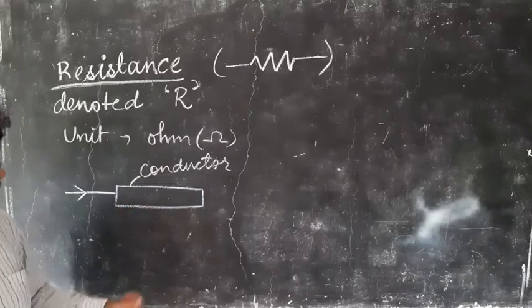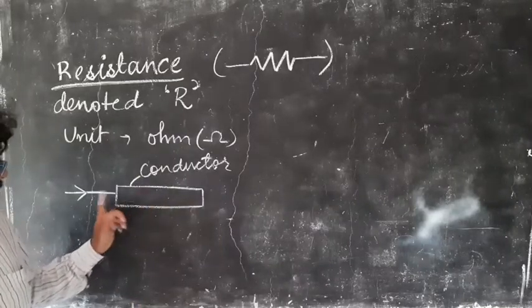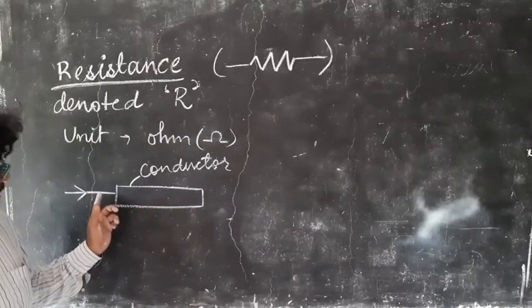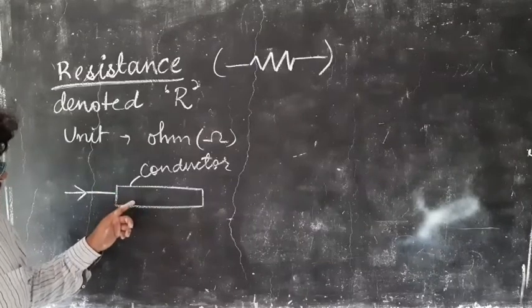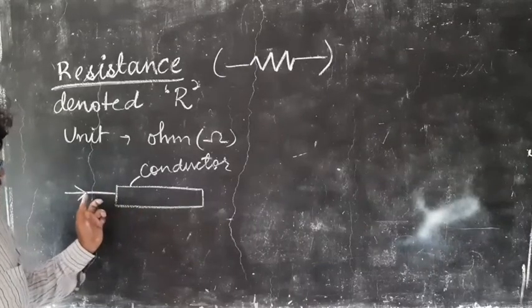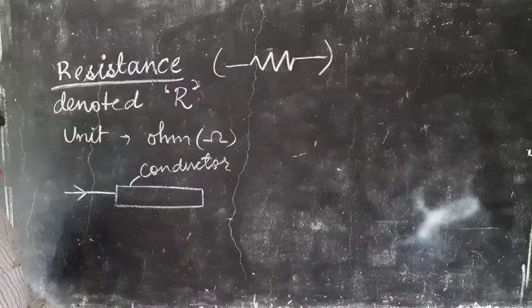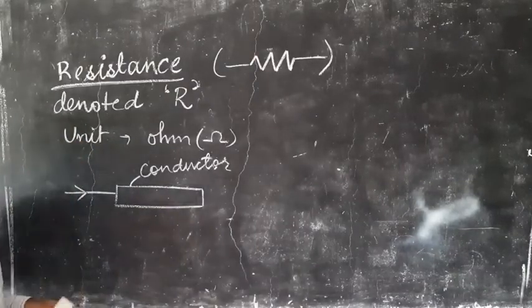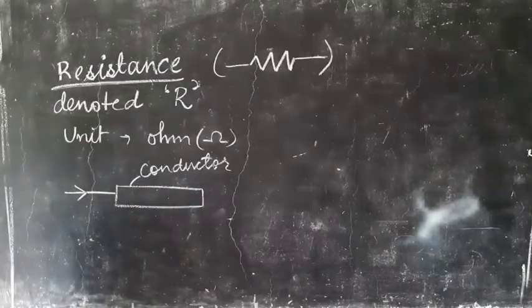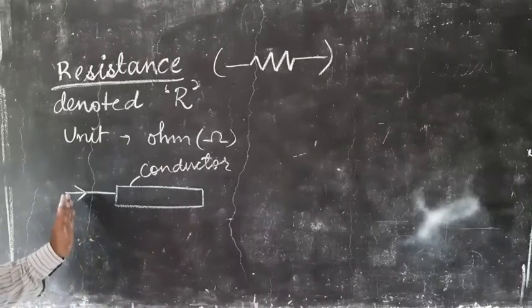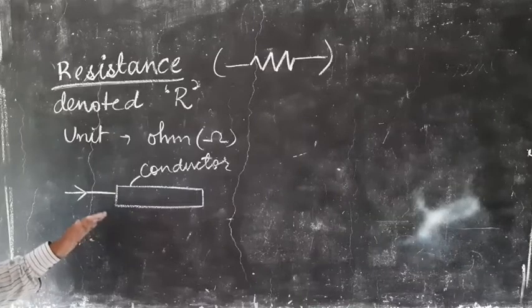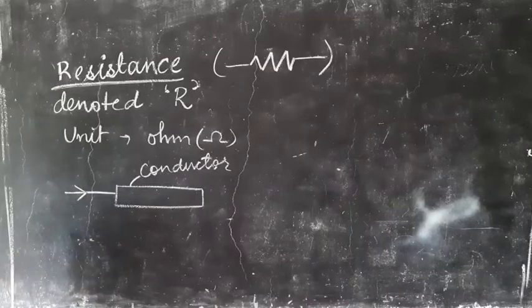That property of the conductor due to which it opposes the flow of current, that is what resistance is. Resistance is the property of conductor due to which it opposes the flow of current.